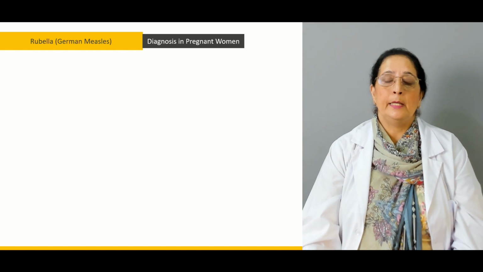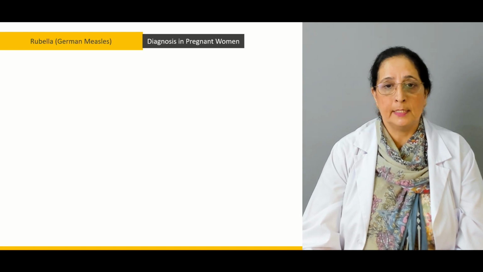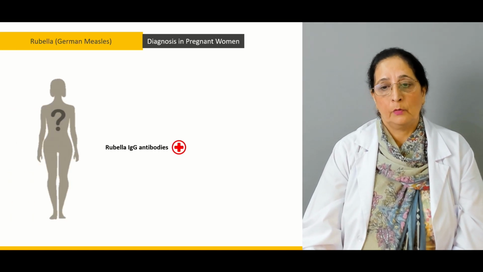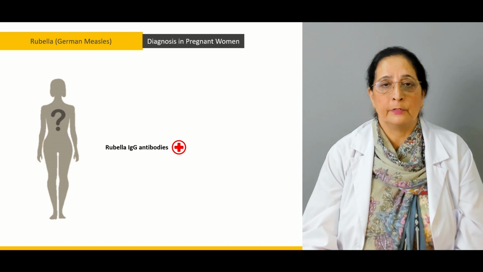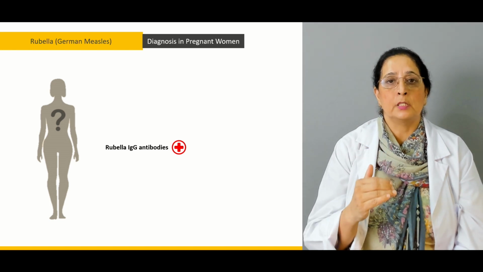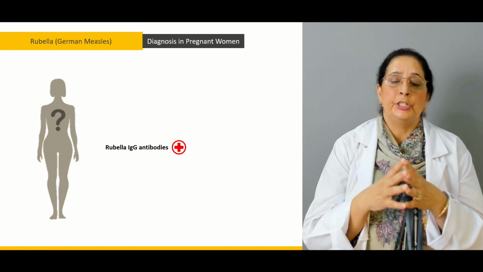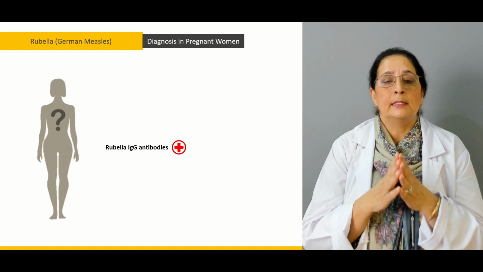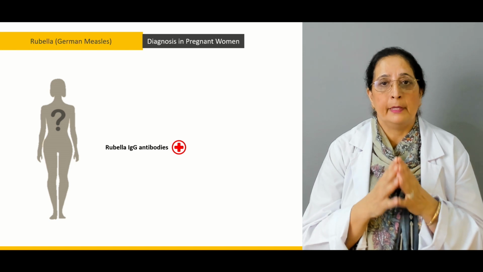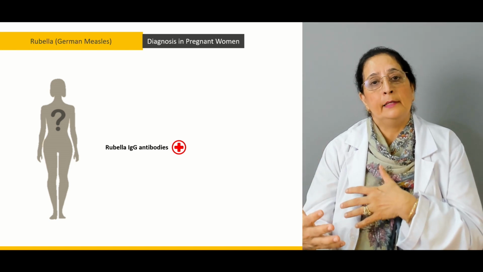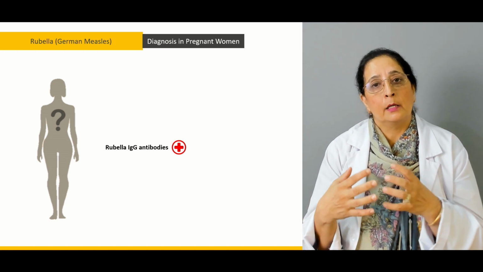Next, diagnosis in pregnant women. How do we diagnose rubella in pregnancy? The rubella IgG antibodies are positive. A very important diagnostic step in pregnancy is the presence of rubella IgG antibodies. If it's positive, it means that the pregnant woman has rubella infection, and there is a likelihood that she can spread the infection to the baby.